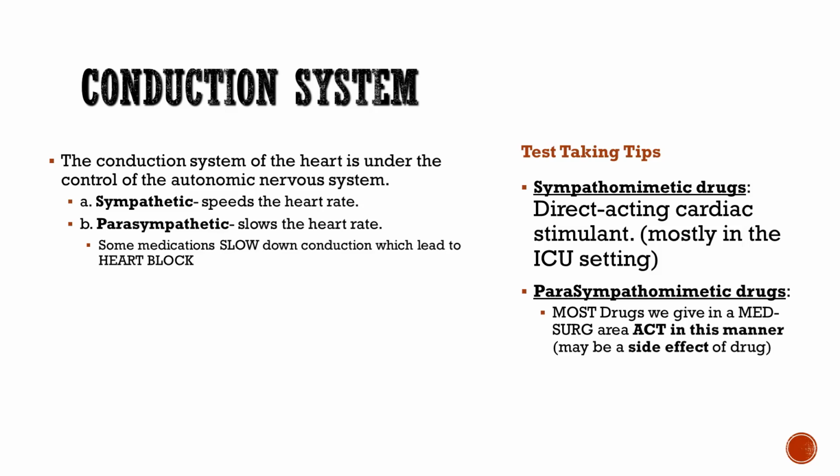Well, those are just drugs that increase your heart rate and blood pressure. And then parasympathomimetic drugs are drugs that slow those things down. So don't let the big words scare you. I don't think that those words will be on NCLEX. Again, I have seen practice questions using those concepts.